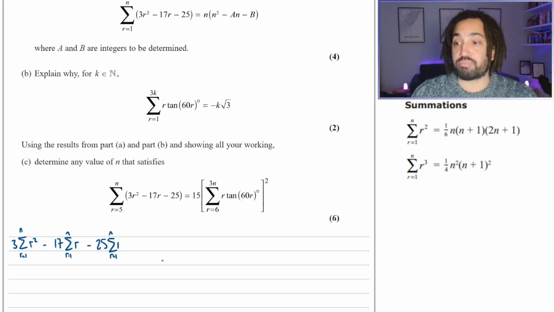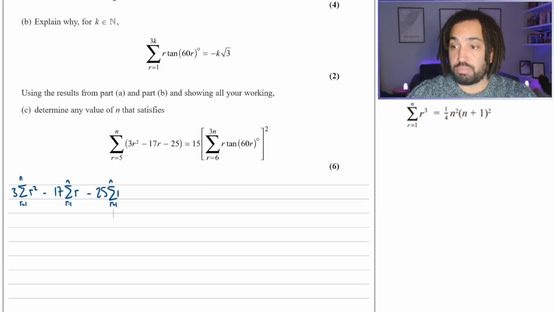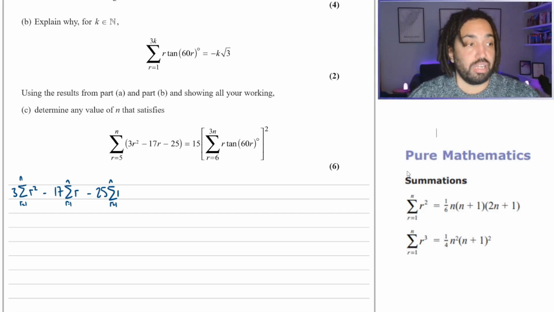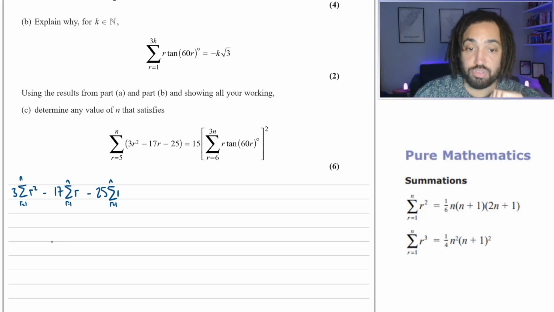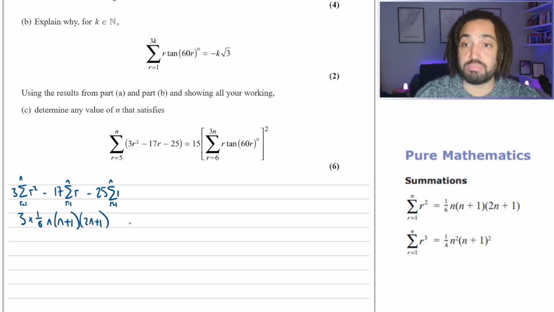Like this. Okay, great. Right, so now I can scroll down a little bit. Oops, let me take you down with me. Okay, nice. So we're going to have 3 lots of r squared, which we're told over here is 1 over 6, n plus 1, 2n plus 1.